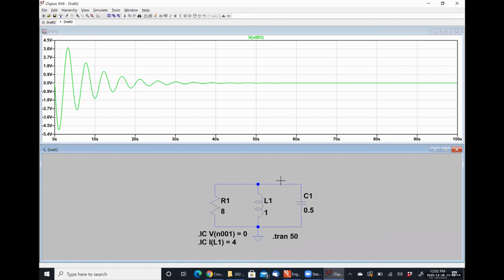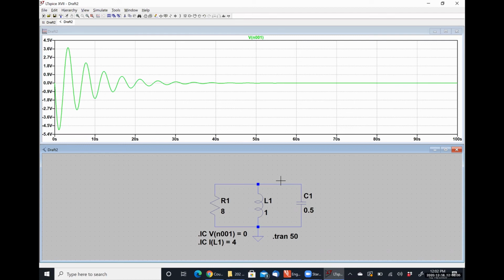Even at 20 seconds, it's pretty obvious. At 30 seconds, there's still a significant amount of ripple. At 50 seconds, we're talking about a couple of millivolts of ripple, which is probably good enough for me. Out at 60 seconds, it's pretty well flatlined. That's how much I want to see.